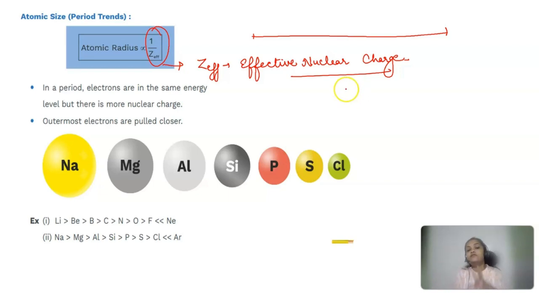So if effective nuclear charge is more, what will happen? The nucleus is going to attract the electrons more towards itself, and that is why the atomic size would decrease. So that is what happens in the period.